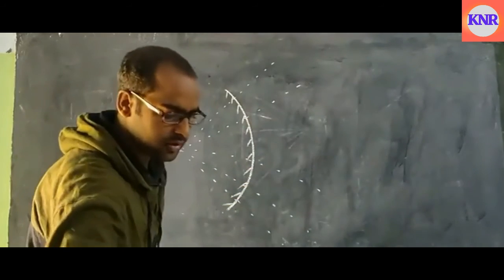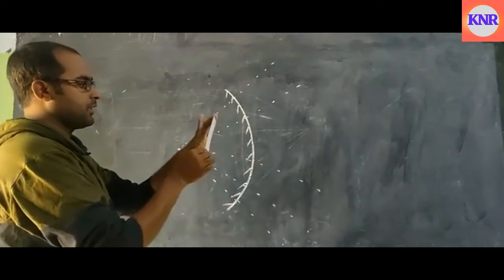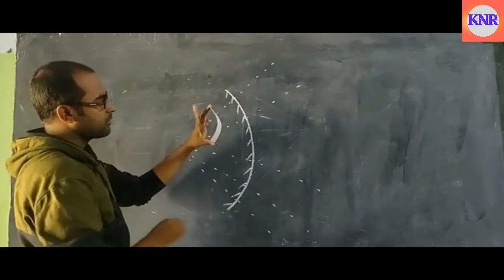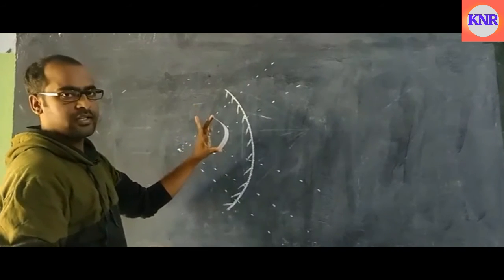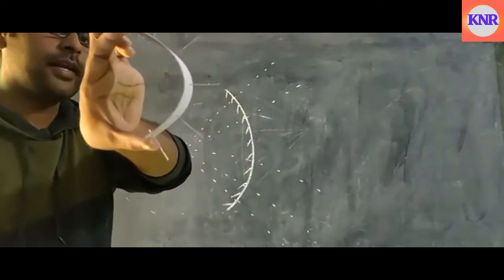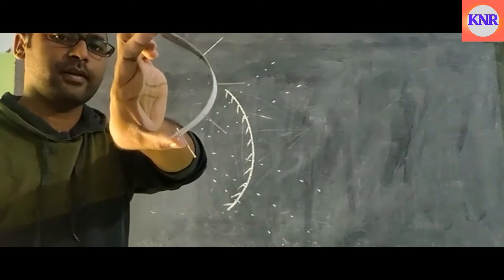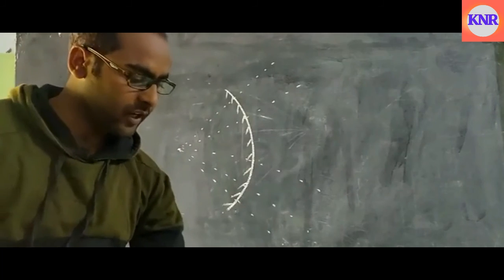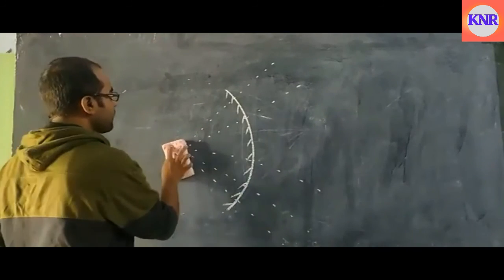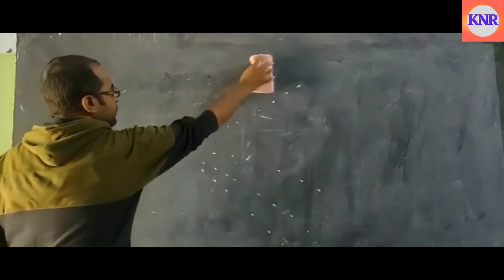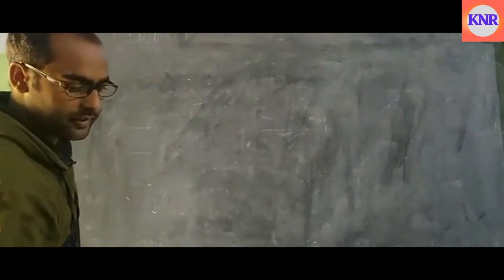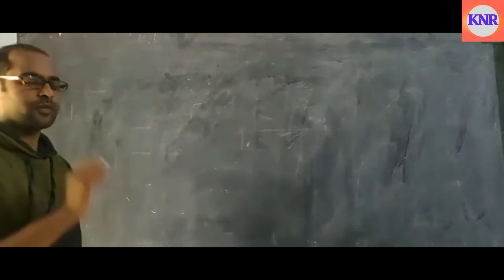Let us take this one and bend it in the manner of a concave mirror, just like this. All the normals tend to diverge from the mirror. So this is how we can find out the normals for spherical mirrors. From the center of curvature to any point on the mirror, if you draw a line, that line becomes the normal at that point.